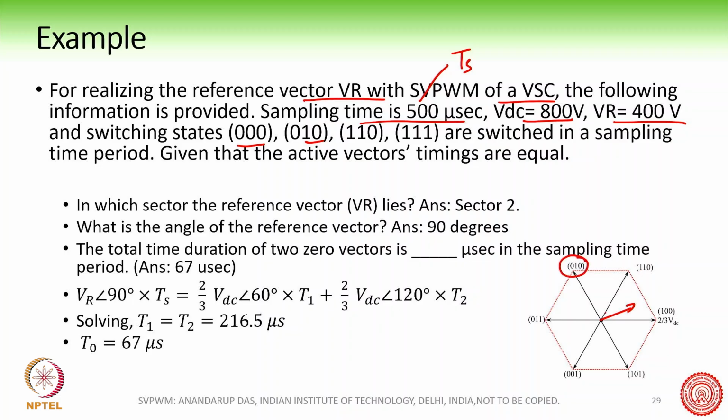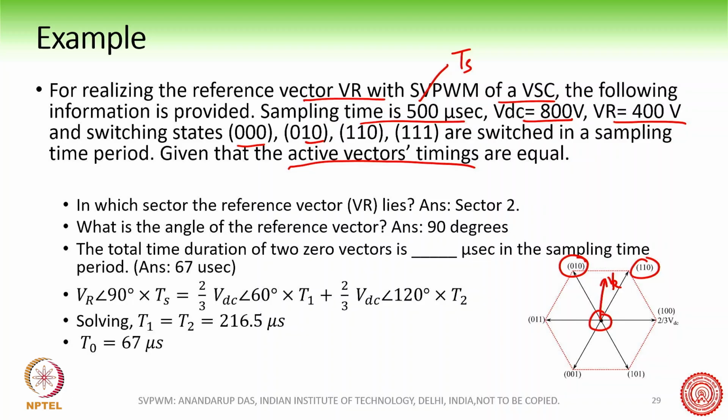We are switching this and this, so the resultant space vector must be here. The active vector timings are equal, so T1 is equal to T2.